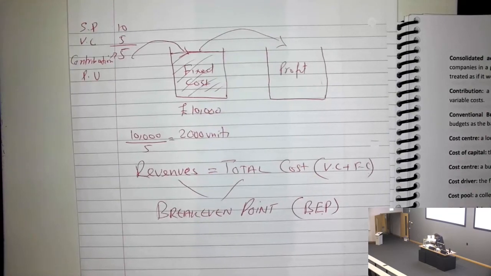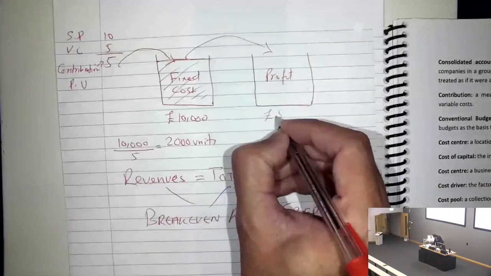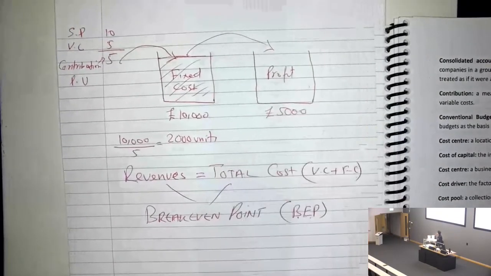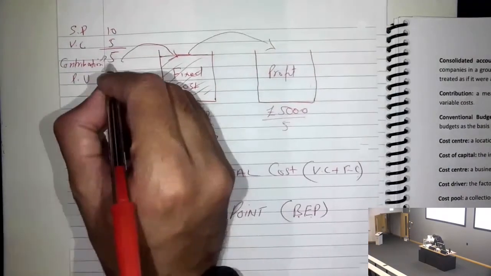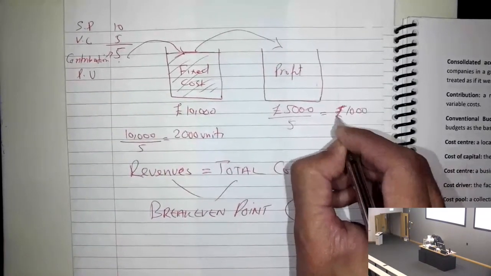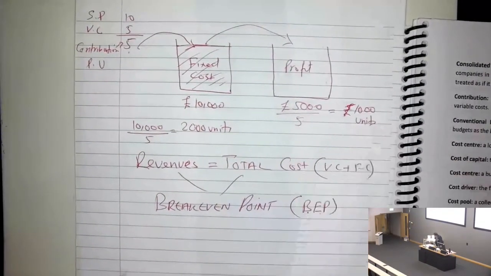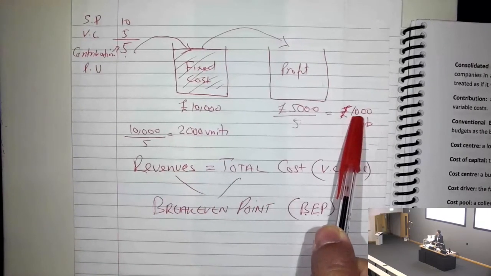So let's say this manager gets a target of 5,000. What do they need to do? They need to divide it by 5, which is contribution per unit, and we know that to achieve a profit of 5,000, we need to sell 2,000 plus 1,000, so 3,000 units.